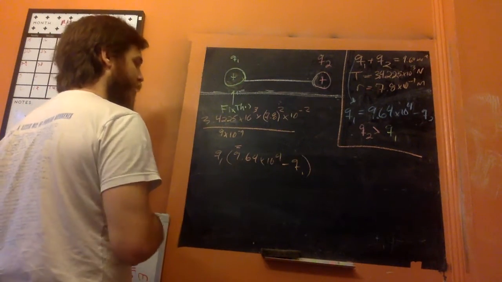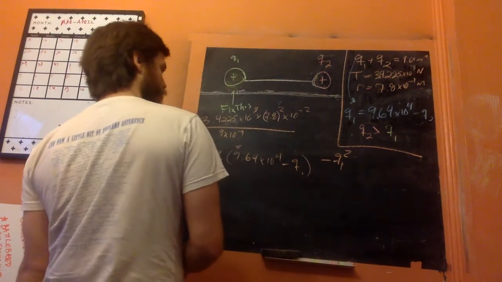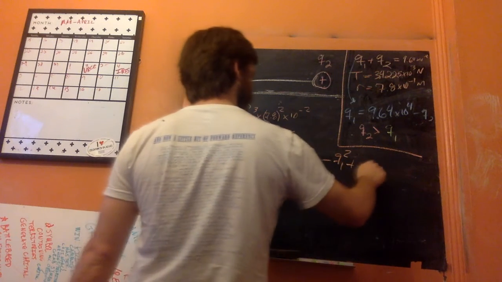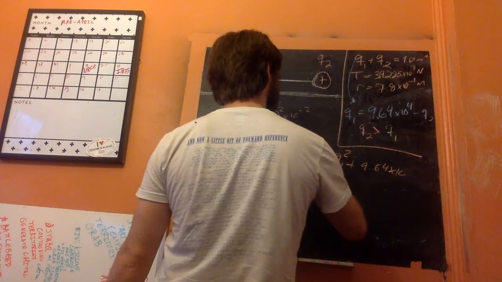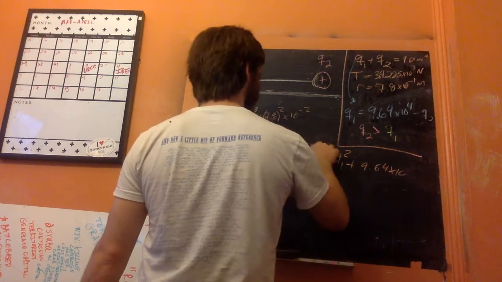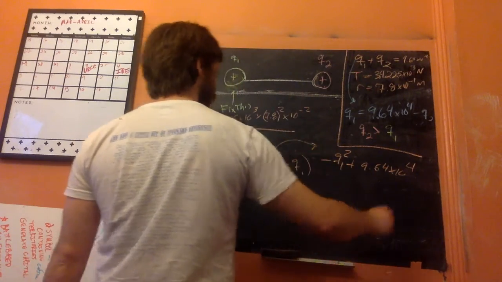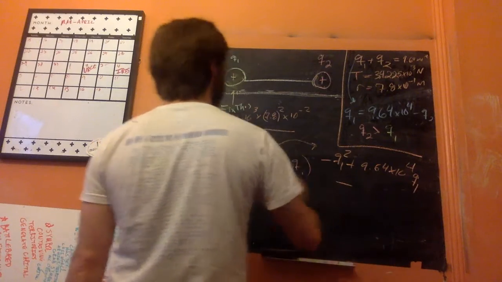We can create a quadratic here. We've got negative Q1 squared plus 9.64 times 10, I'm going to draw an arrow here, times 10 to the fourth Q1 minus all of this.